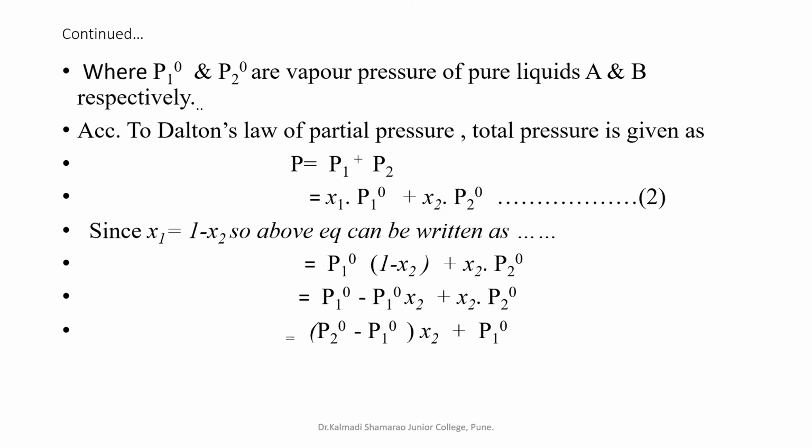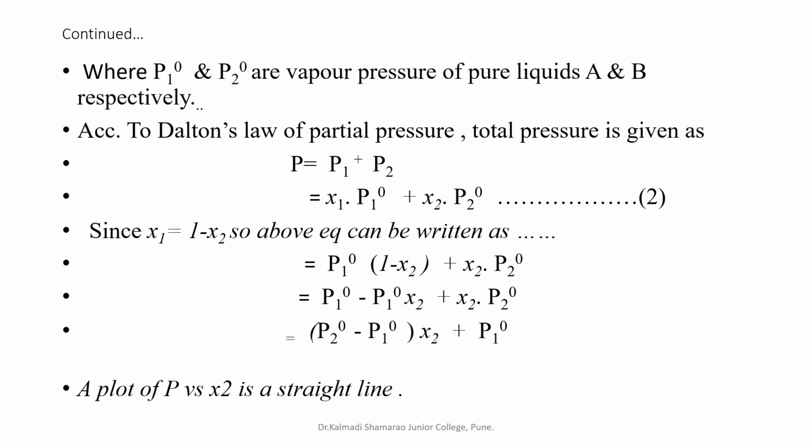Again, on simplifying more, P equals P2 naught minus P1 naught into X2 plus P1 naught. When we plot a graph between pressure versus X2, a straight line is observed.